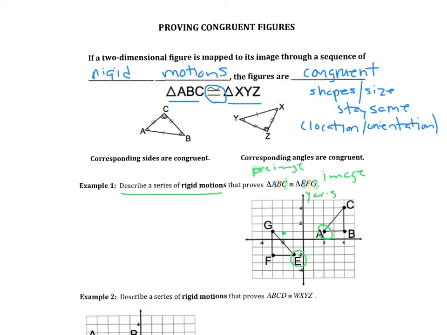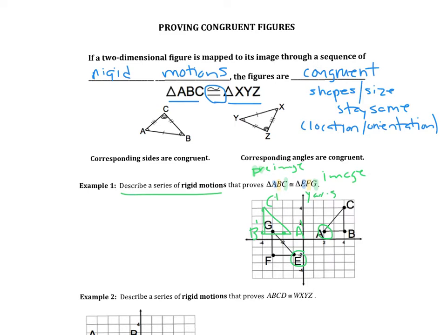B is over 4 on the x-axis, so B would have to be negative 4 on the x-axis on the reflection. And C is also at 4, 4, so we would do that at negative 4, 4. This would allow us to have a reflection that would put A in the correct spot, B in the correct spot, and C in the correct spot in relationship to EFG.